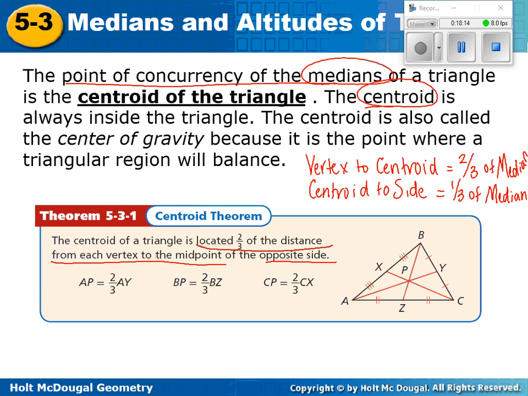So I'm going to go acute, vertex to midpoint, vertex to midpoint, vertex to midpoint. So notice it landed where? Inside, outside, or on? Inside. Okay? So always, if it's acute, it's going to land inside.